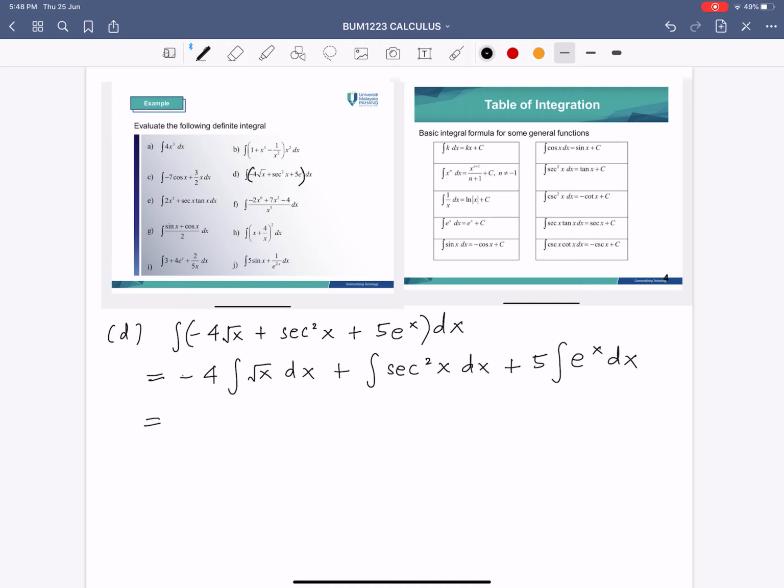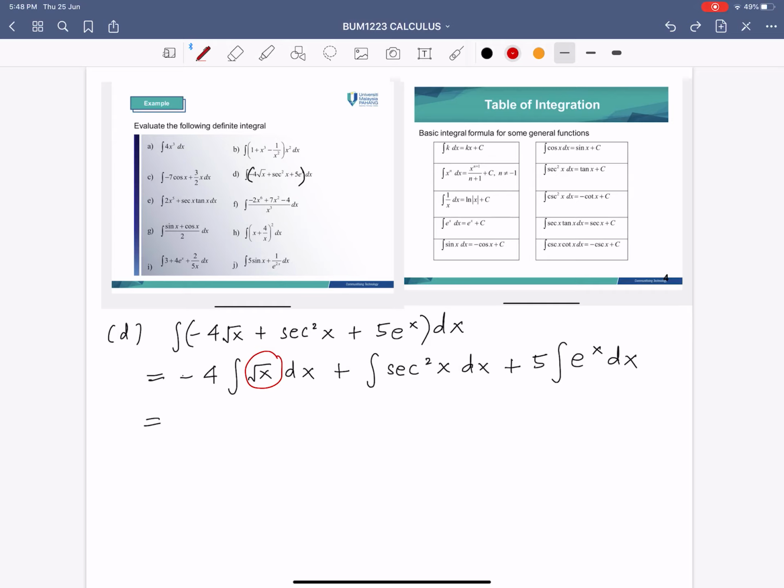equal to, okay, because for the first term that we have here, it is square root x, and if you see from the table of integration, we don't really have the formula in the form of square root x. So we need to rewrite this so that you will have one of these formulas.